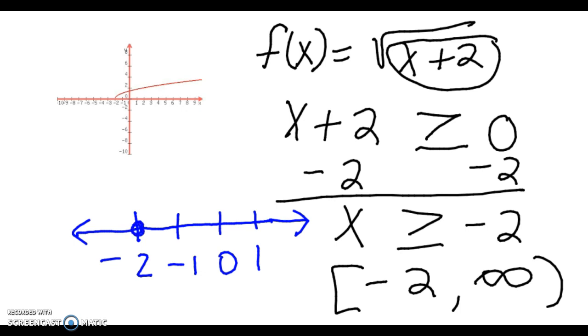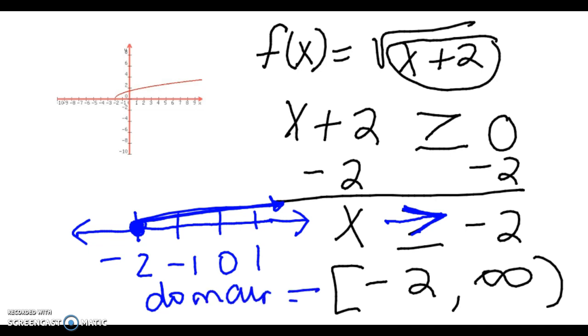We would have a closed circle or a dot at negative 2. And I like to tell my students to use the inequality symbol as an arrowhead to tell you which direction the inequality goes, or which direction the graph of it goes. So it goes this way. Okay? All these pieces are related. Again, our domain is negative 2 to positive infinity.